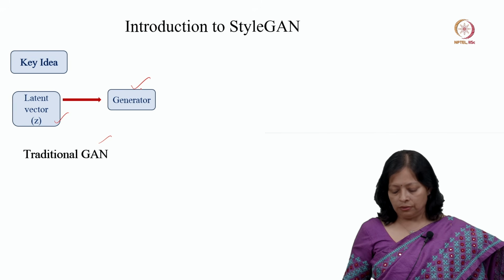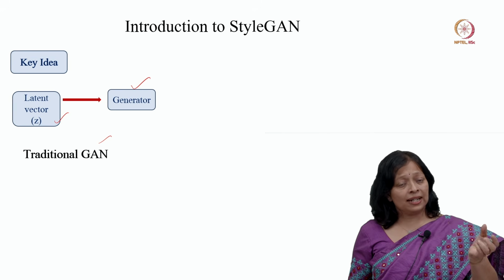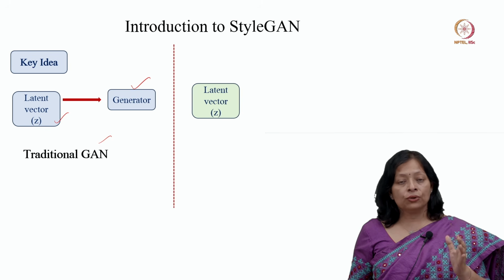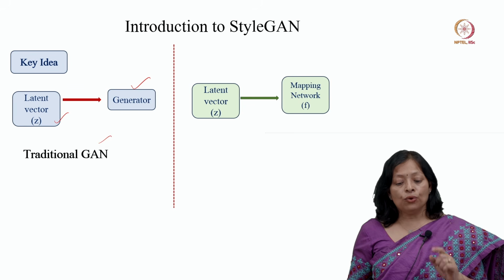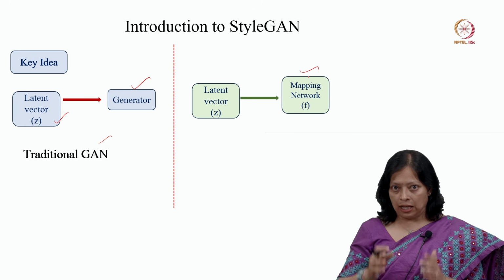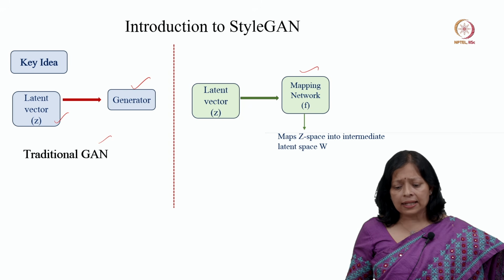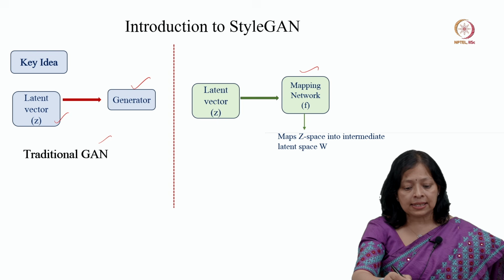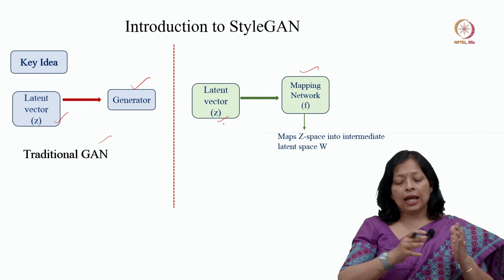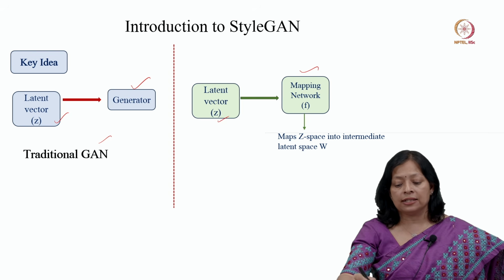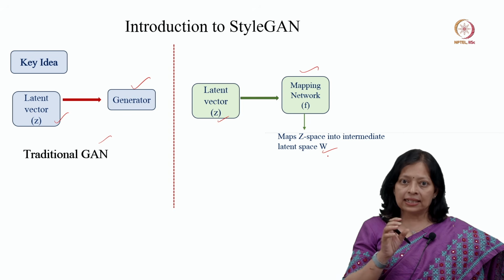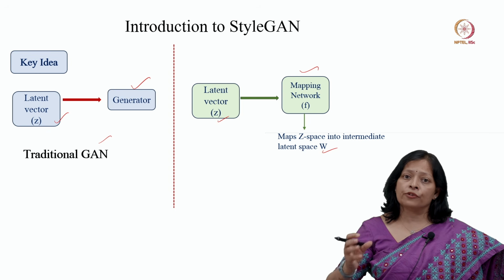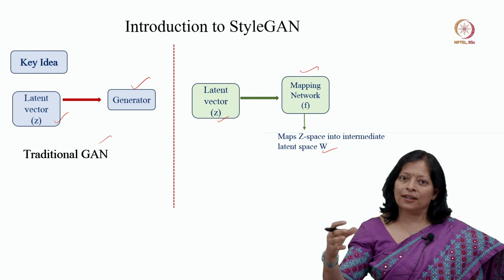So, you have the latent vector directly going to the generator for producing images, whereas in Style GAN you have the latent vector, then you pass it through a mapping network F, and this mapping network maps the Z latent space into an intermediate latent space W, and this latent space W is responsible for putting style in your image.